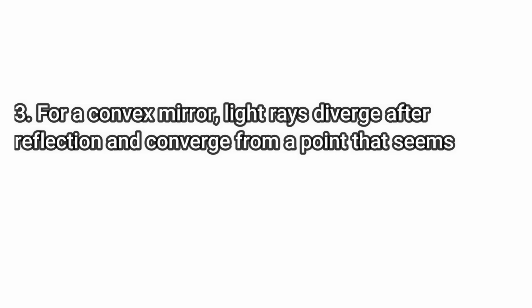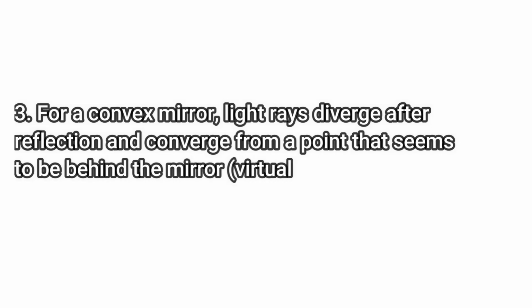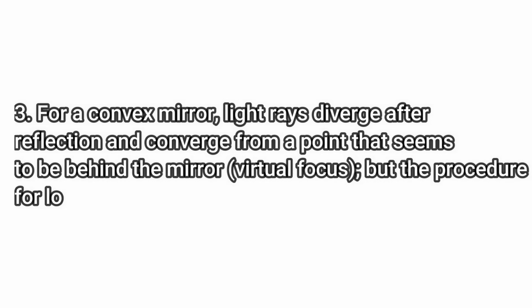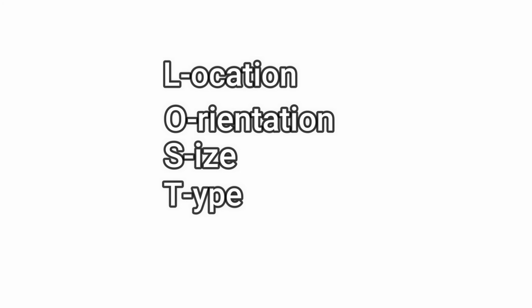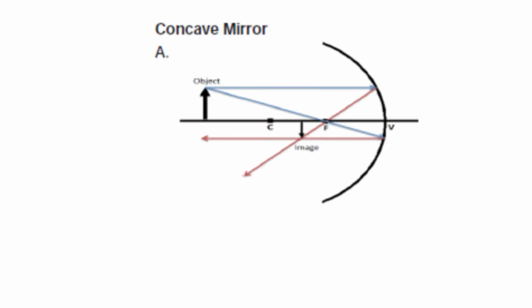For a convex mirror, light rays diverge after reflection and converge from a point that seems to be behind the mirror, but the procedure for locating images is the same as for concave mirror. Now, let us determine the location, orientation, size, and type of images formed in curved mirrors.